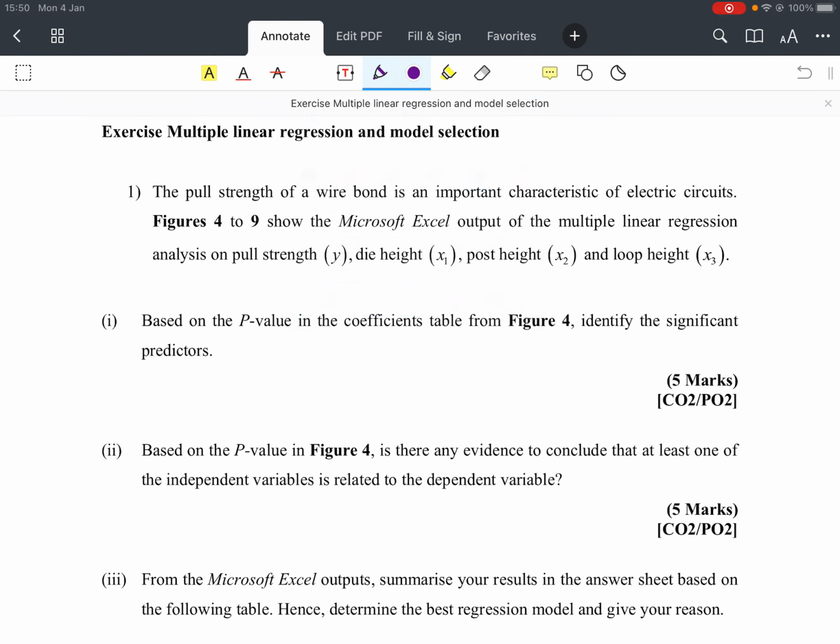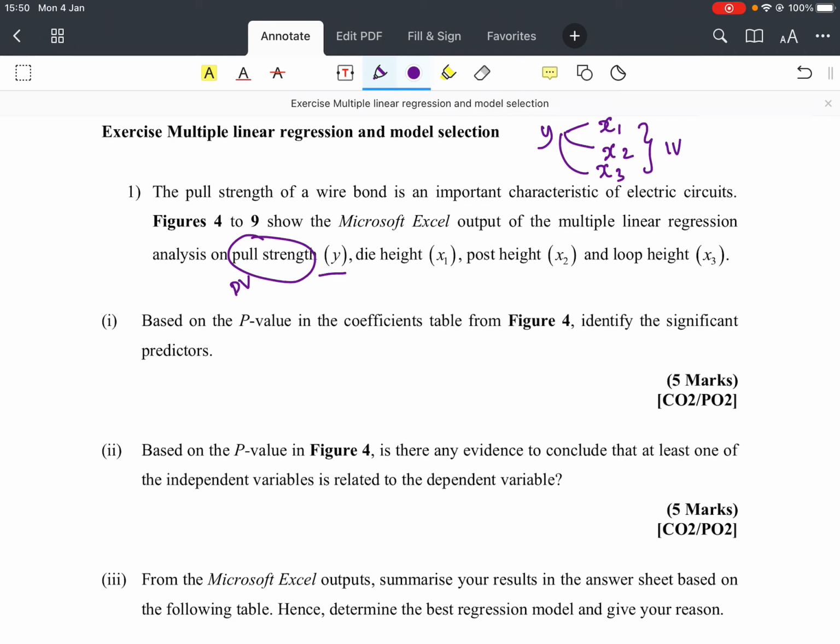So there are three independent variables where Y depends on x1, the die height, x2, the post height, and x3, the loop height. The dependent variable is pull strength. X1, X2, X3 are the independent variables.